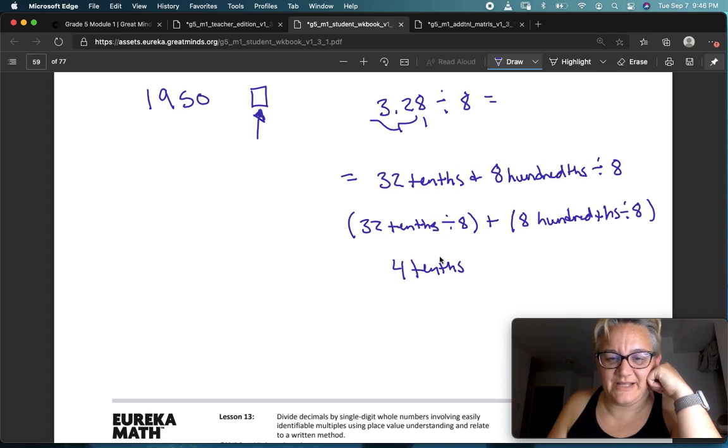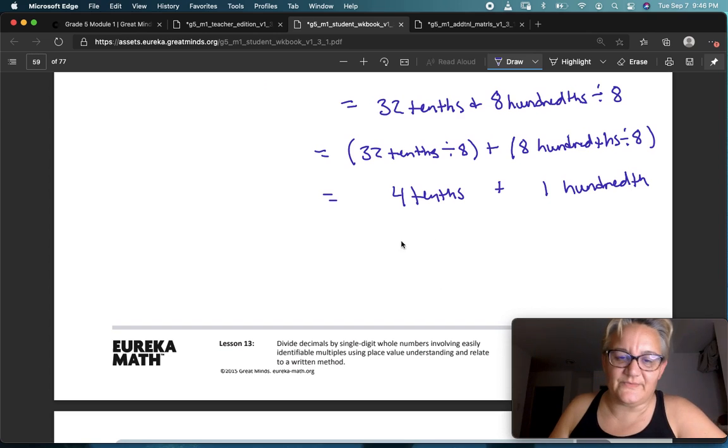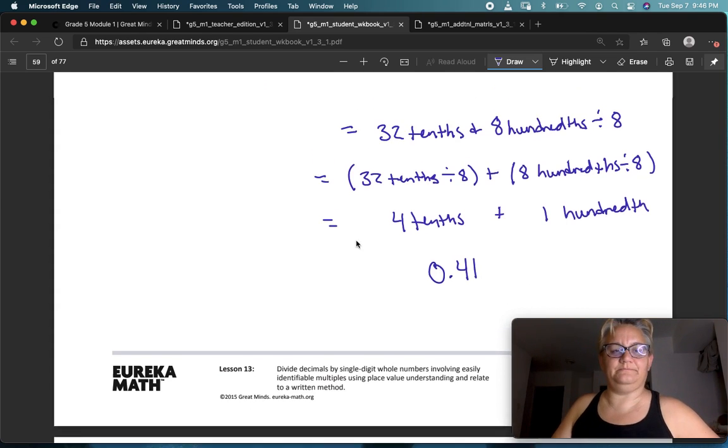Okay, and here I get 4/10 because 32 divided by 8 is 4. Keep my label. And 8/100 divided by 8 would be 1/100. So this equals this equals this. Now, if I want to write this back in standard form, 4/10 looks like this, 4/10 and 1/100.